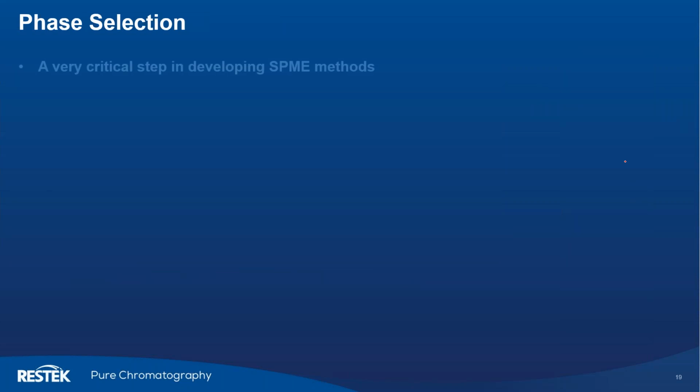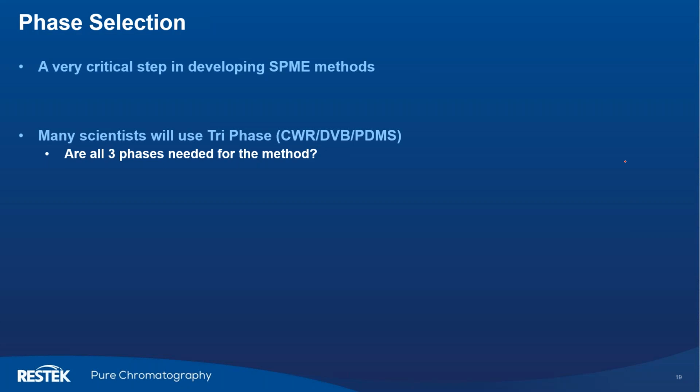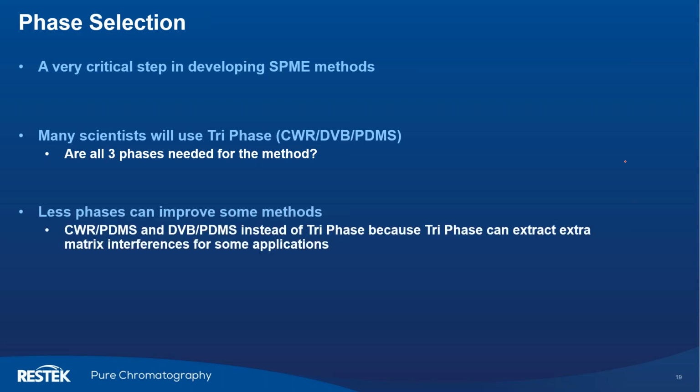So looking at phase selection, as I mentioned, this is a very critical step in developing your SPME methods. What I've noticed in the past is that many scientists will use a tri-phase fiber, but the question to ask yourself is, are all 3 phases needed for the method? I have a good example of this later on. Less phases can improve some methods, as I'll show.